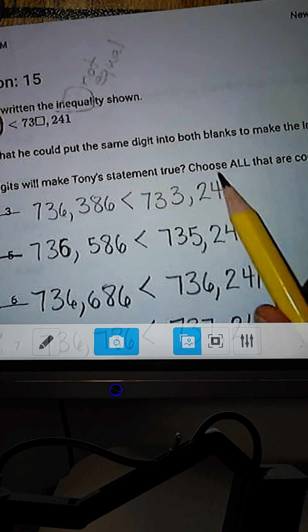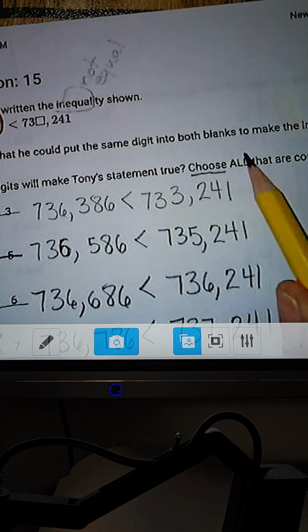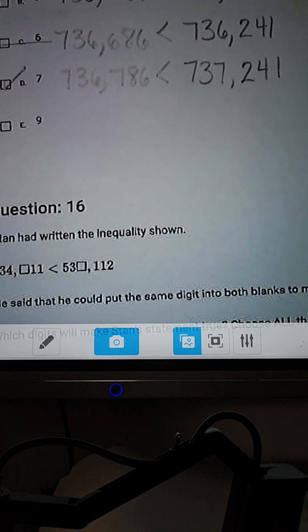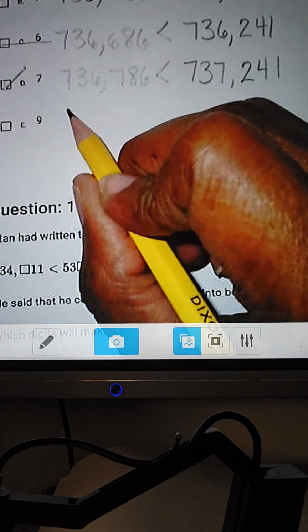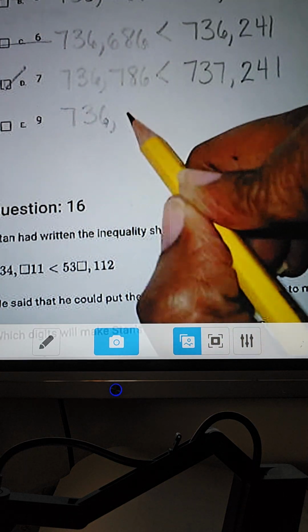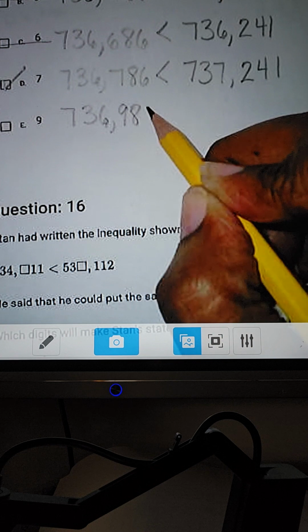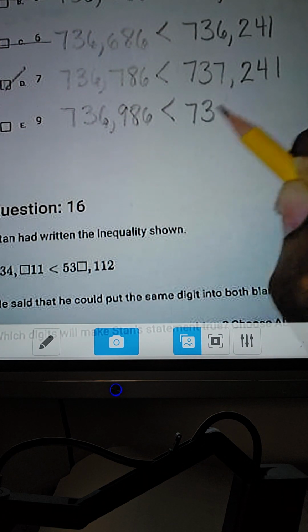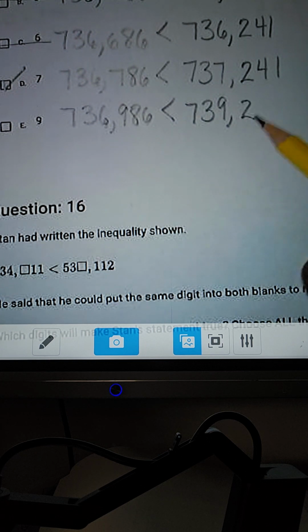Well, we got to make sure because it says choose all that are correct. All right, so we got to check and make sure this last one is not correct. 736,986 is less than 739,241. Correct or not? I heard both.